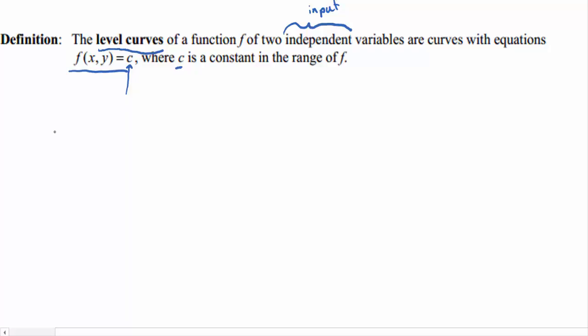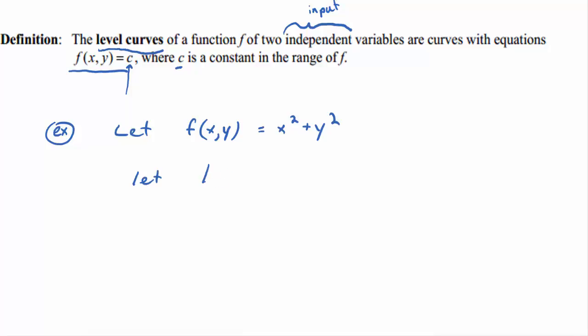So let me show you an example of a set of level curves and why we care. Let's go to something simple. Let's let f of x, y equal x squared plus y squared. And so let's set f of x, y equal to different values of c. We're going to let c equal maybe 1, 2, 3, and 4, and see what kind of picture we get for these level curves.